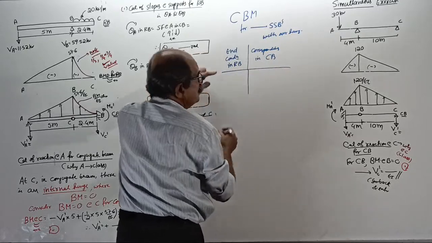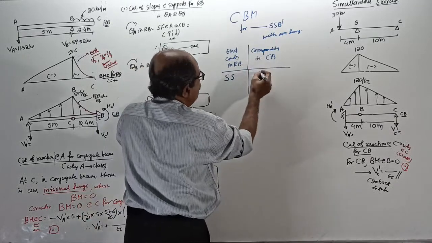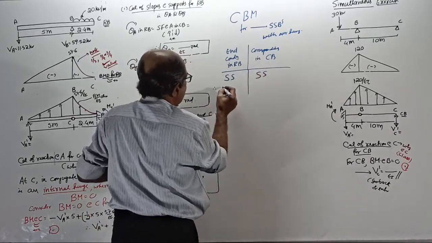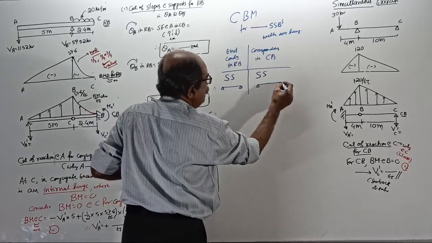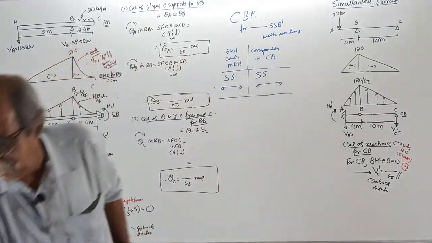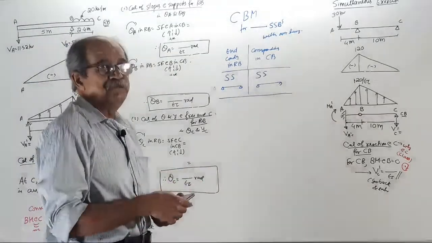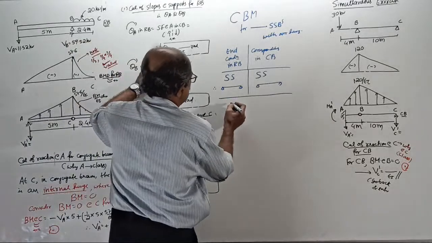I already told you, simple support in real beam will be simple support in conjugate beam. Therefore, if a simply supported beam is there, it will become a simply supported beam here also. Correct? Clear? Okay, now, next come to cantilever.